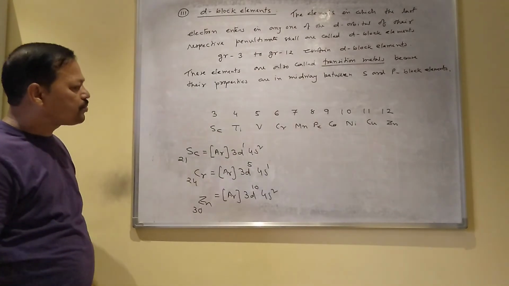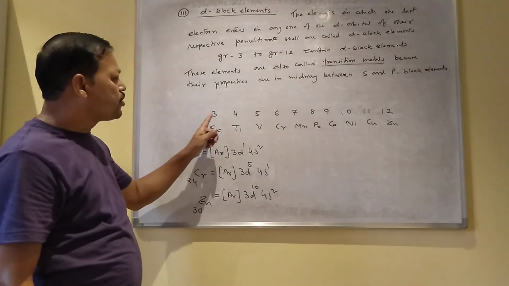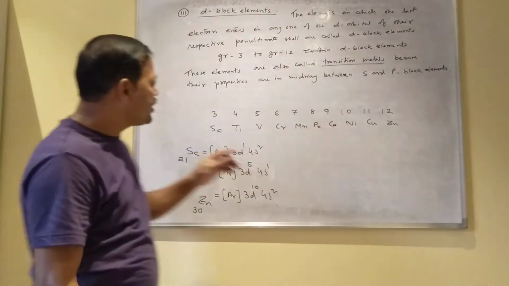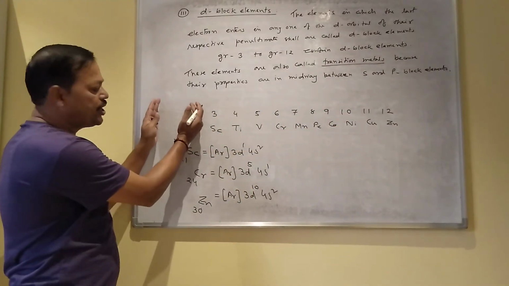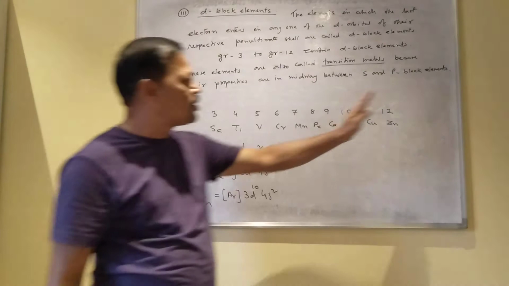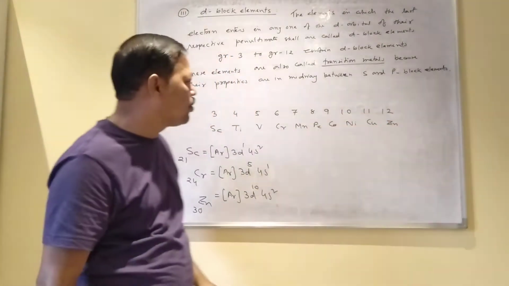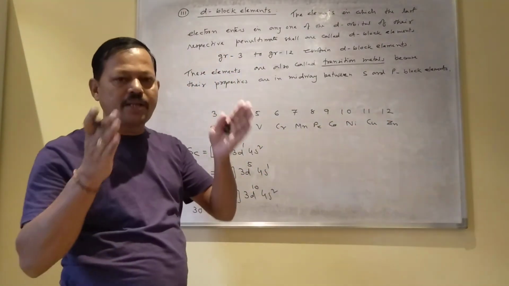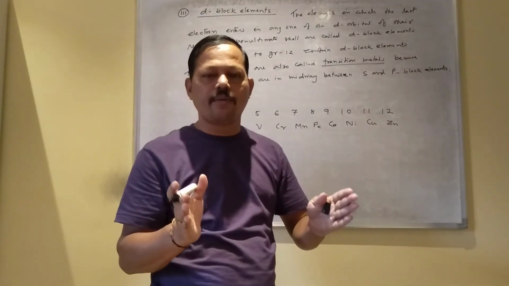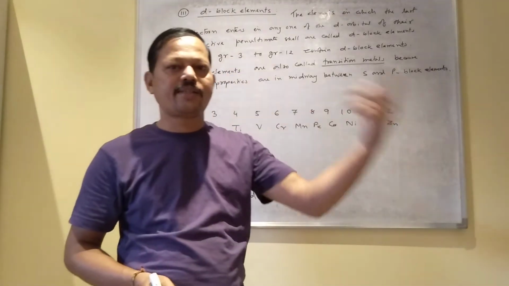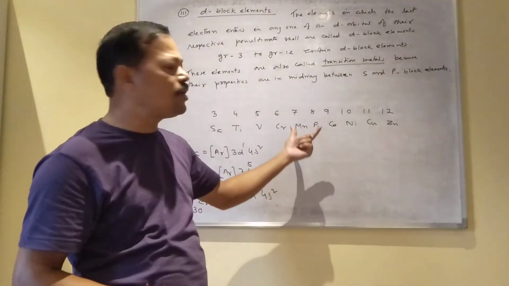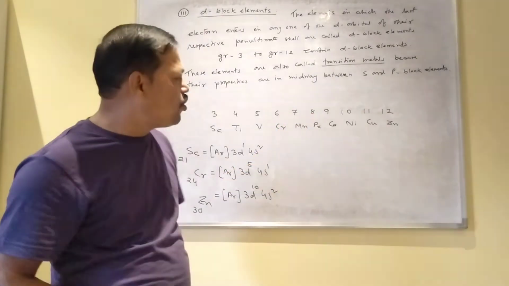Here, groups 3 to 12; as you know, groups 1 and 2 contain s block, and groups 13 to 18 contain p block. I mean the d block elements are present in the middle position of the periodic table. The left side contains s block, the right side contains p block, and in the middle are the d block elements.